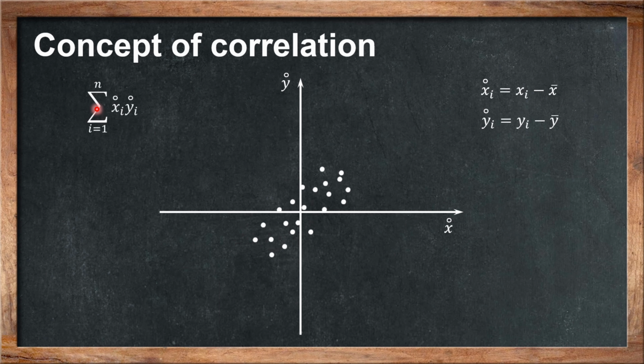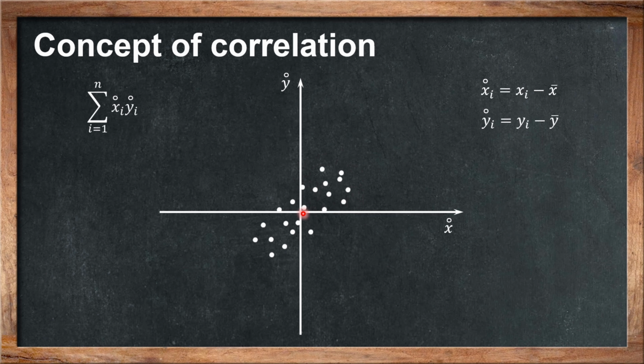The sum of products of corresponding x and y coordinates for each object, but of course already centered. If we take a look at the first quarter of the coordinate system, this one, you see if we just multiply the corresponding x and y for each data point, we get a positive value.